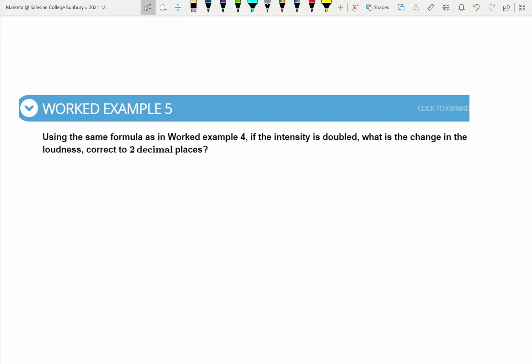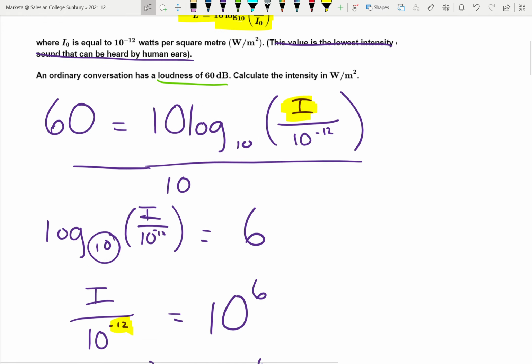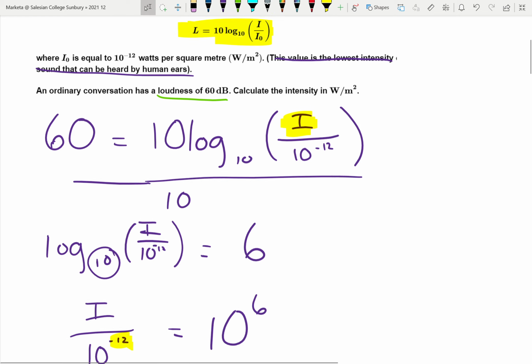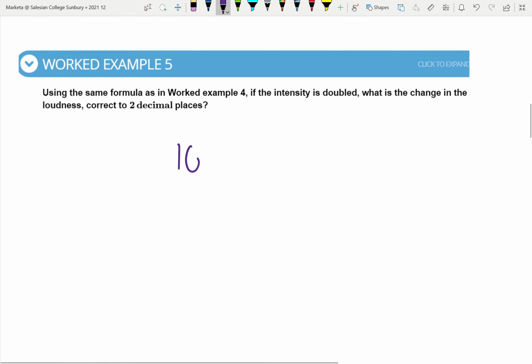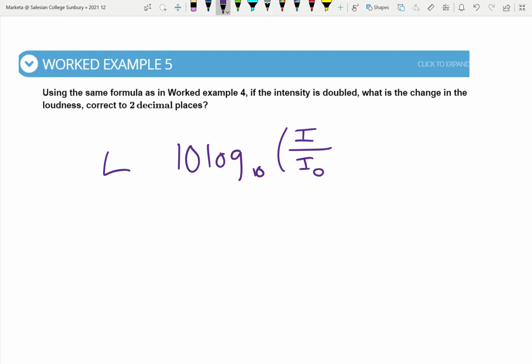Correct to 2 decimal places. So our formula being 10 log 10 of I over I0. And that's loudness equals that. Now, I'm going to think of this in terms of two different equations.